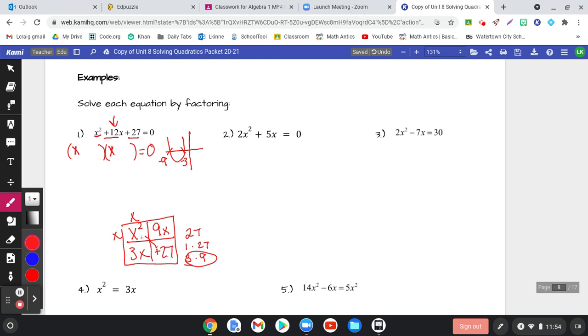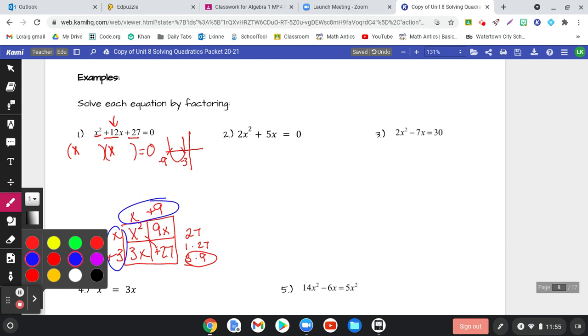And if you work backwards to multiply to get x squared, we did x times x. To multiply x to get 3x, you'd have to multiply by a positive 3. To get 9x or to get 27, you'd have to multiply x by 9. So these are what go in your parentheses.